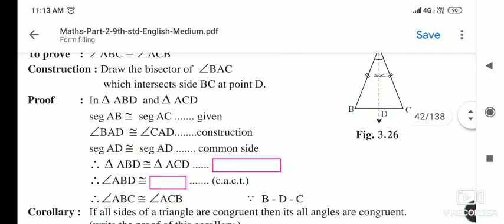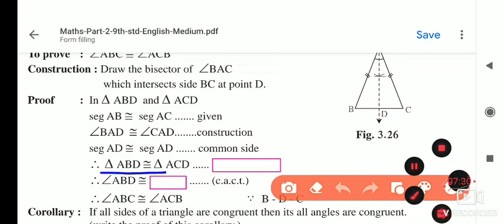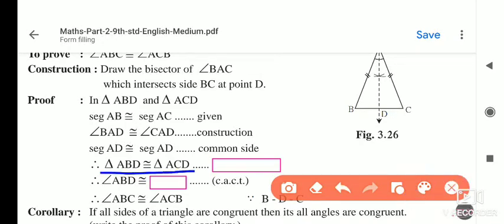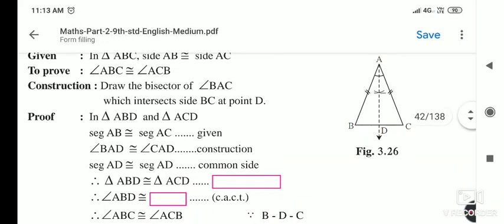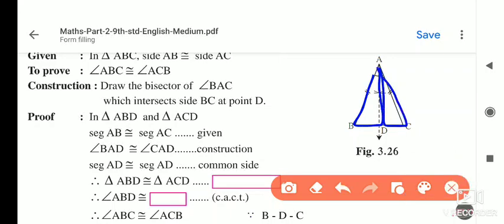Now, therefore, triangle ABD is congruent to triangle ACD. By which test? That we have to write here in the bracket. First of all, side, angle, side.